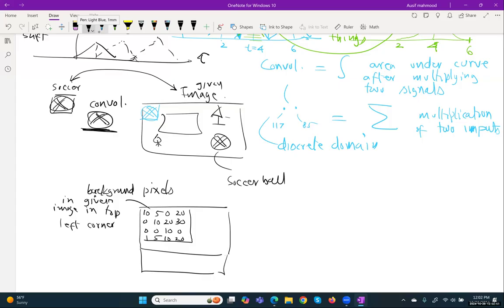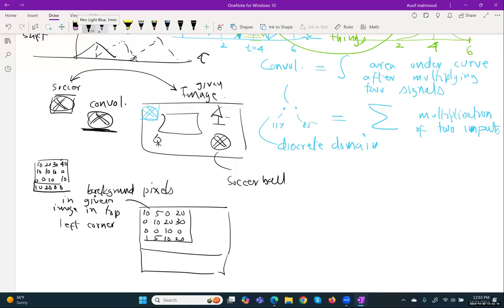And let me assume the soccer ball image that I created is also 4 by 4 pixels. Let's suppose the pixel values are 10, 20, 30, 40, 10, 10, 10, 0, 0, 0, 10, 10, 10, 20, 0, 0.